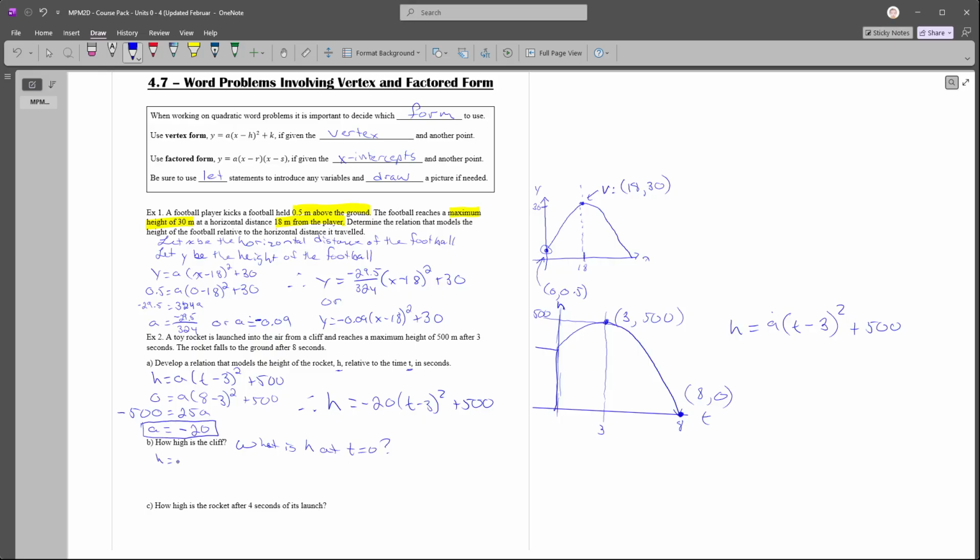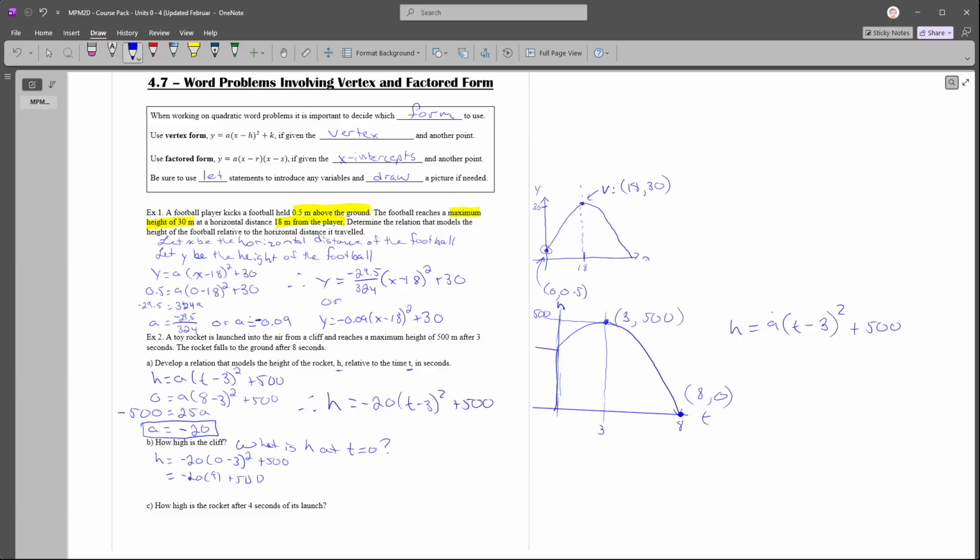So we have h is equal to negative 20 times 0 minus 3 squared plus 500. So that's negative 20 times, 0 minus 3 squared is 9. Negative 20 times 9 is negative 180, but we'll write the whole thing in: negative 20 times 9 plus 500.